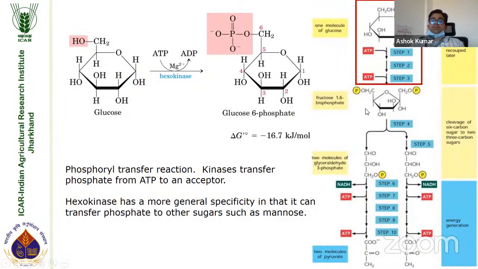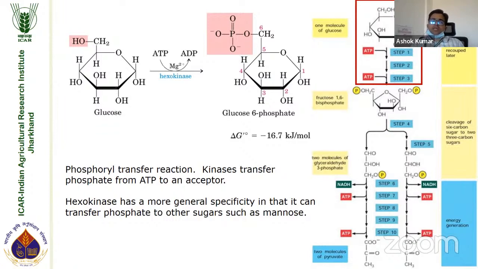If you go through each step, initially the glucose molecule, in the presence of hexokinase, has a phosphate moiety transferred and glucose 6-phosphate is produced. Hexokinase has different specificity for glucose under different biochemical conditions.